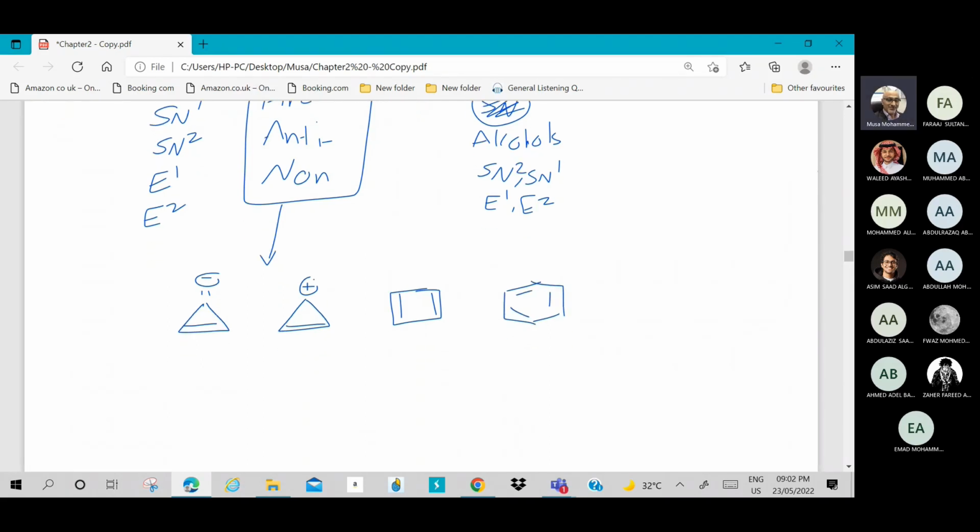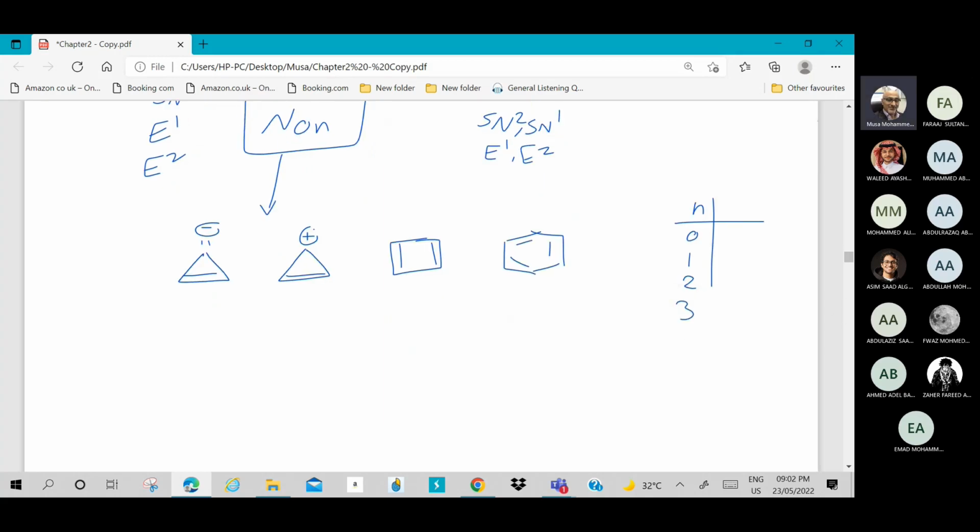Now if we consider the number of electrons, these systems first have to be planar, conjugated, and then follow the rule of 4n plus 2, where n equals 0, 1, 2, 3.